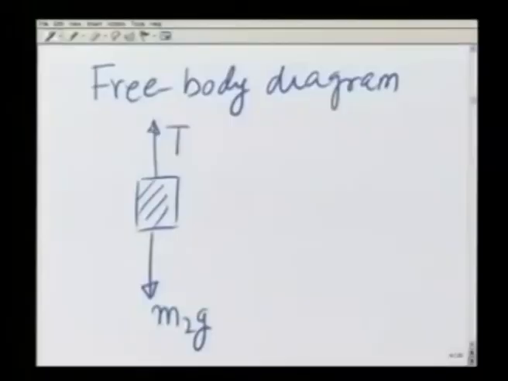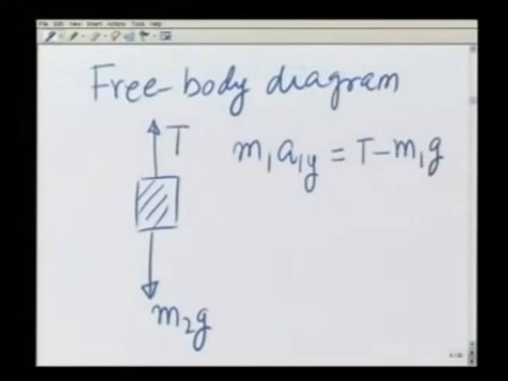Now let us write the equations of motion. If you recall from the previous slide, the m1g and m2g are acting down and T is acting up on both the bodies. So the equation of motion is going to be m1 a1 in y direction is equal to T, which is pulling it up, minus m1g. m2 a2 in y direction is equal to T minus m2g.